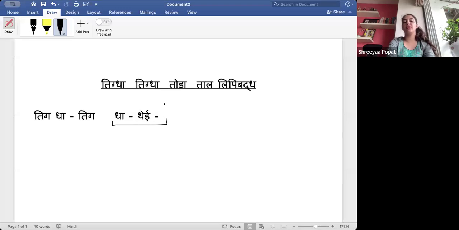Here there is no scope for confusion like with tig, which is why we are not putting any round bracket. If you want, you can put one under thai to show again that it is together. Okay, next beat. Again we say tig dha thai, tig dha tig. The same thing is repeating.